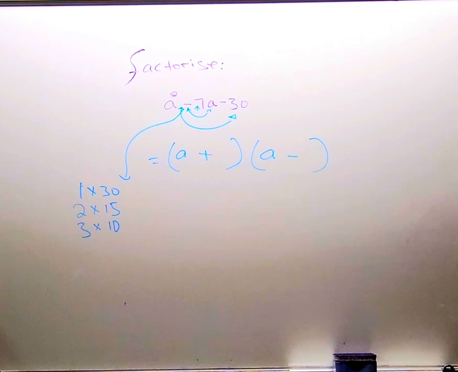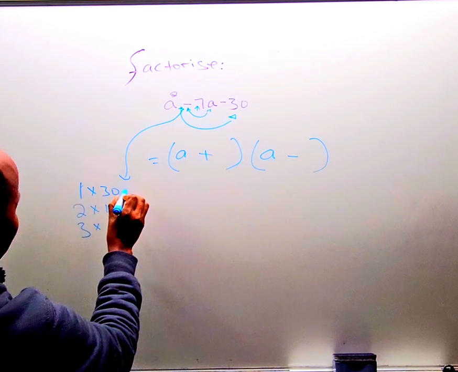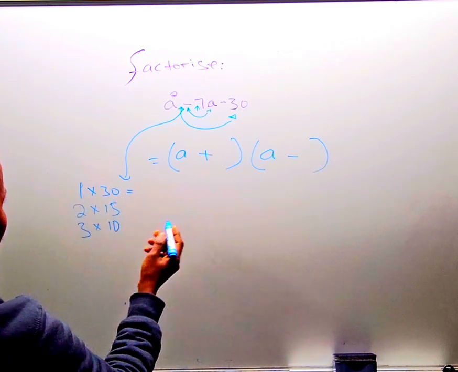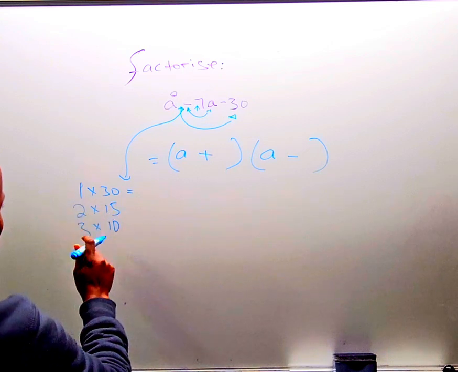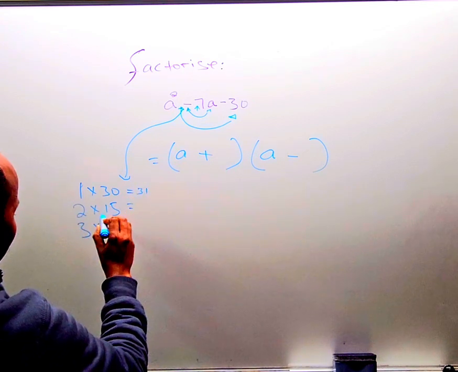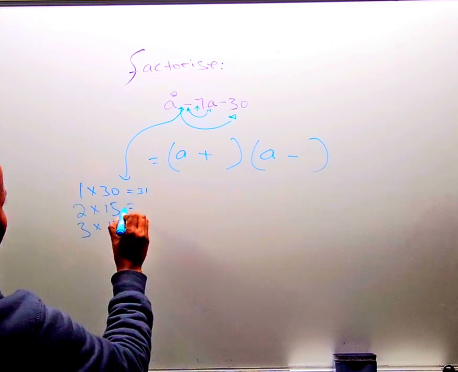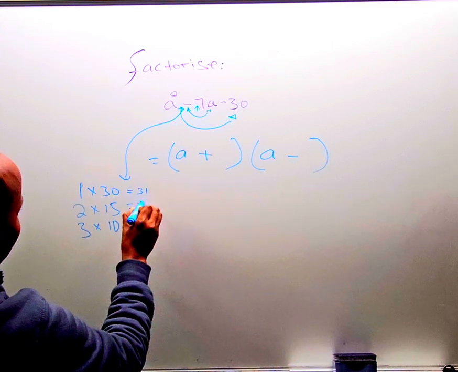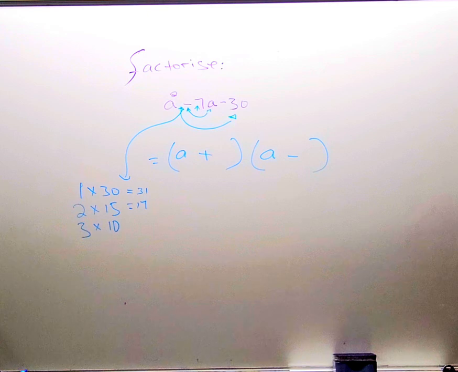If I add 1 and 30, it will not give me negative 7. 2 and 15 will not give me 7. In any way I try, it will not give me 7. What about 3 and 10? Let's try 3 and 10.